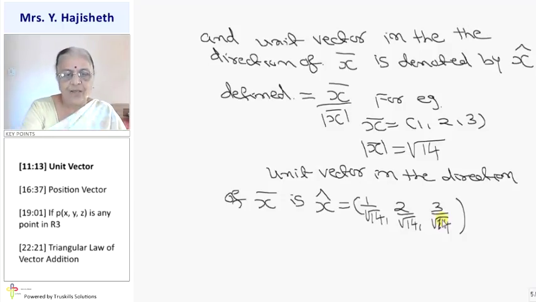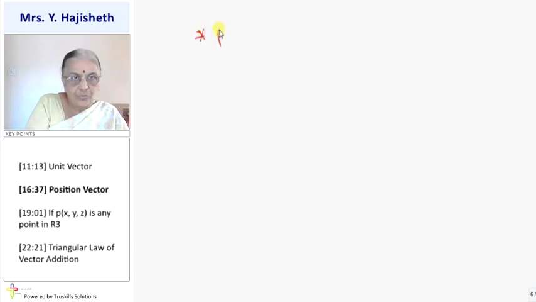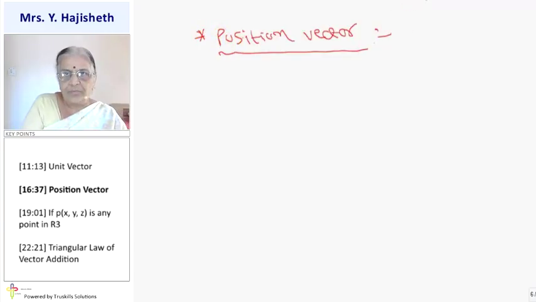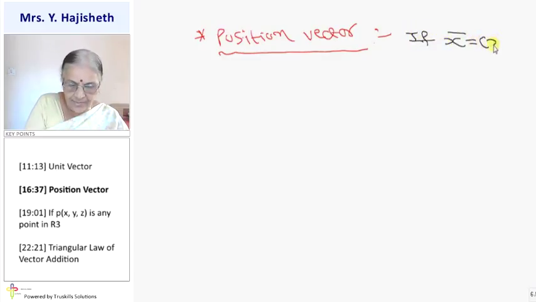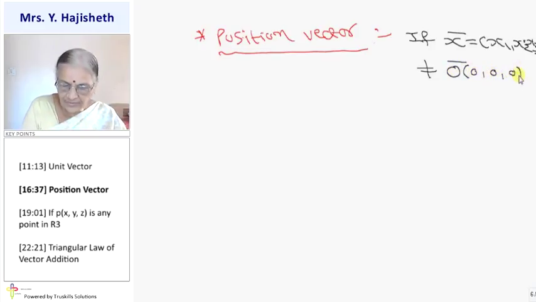Okay. Now we are going to learn another concept, that is position vector. What do you mean by position vector? If vector x is (x1, x2, x3) and is not null, this is not a null vector, it is a non-null vector.